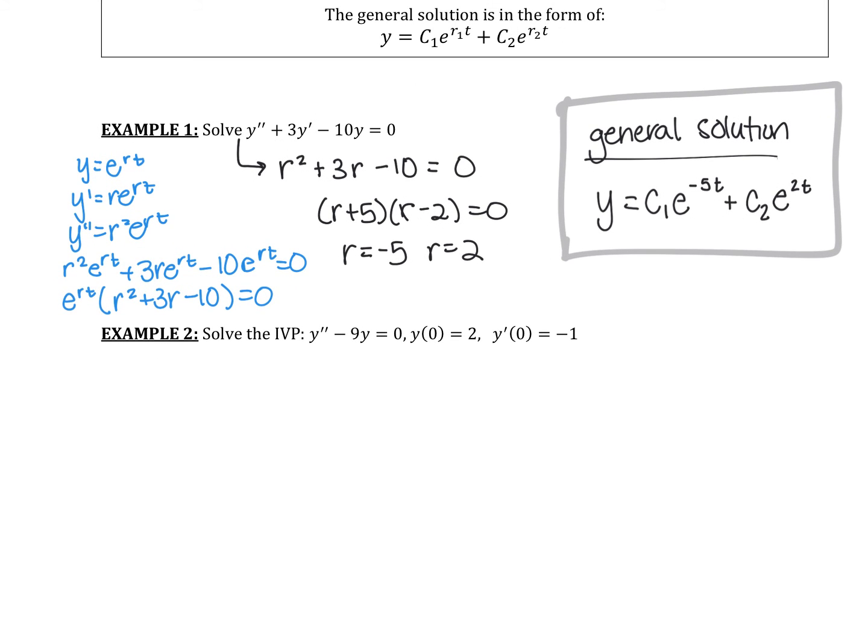So let's look at what happens when we have initial values. I want you to solve this and get a general solution. Hopefully you remember your factoring. And yes, you can take shortcuts.